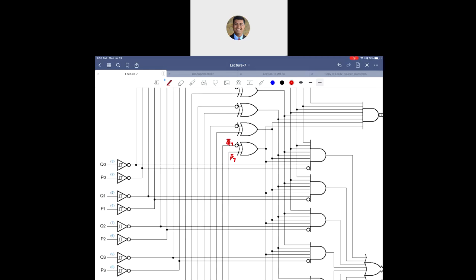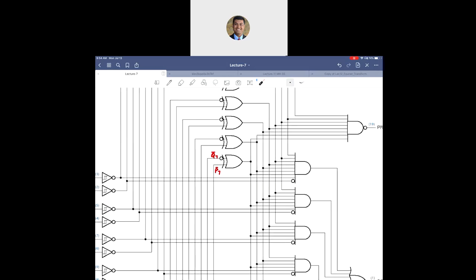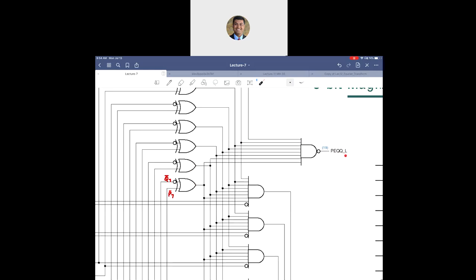Whether these guys are equal or not, right? So here is the equality, P equal to Q underscore L, so active low output when P equals Q. If this is P7 complement and Q7 complement, and if these guys are the same, then flipping one of them or complementing one of them would mean that they are different.